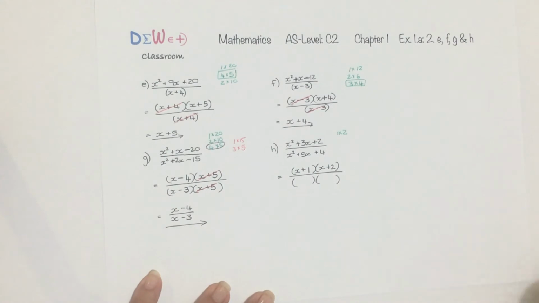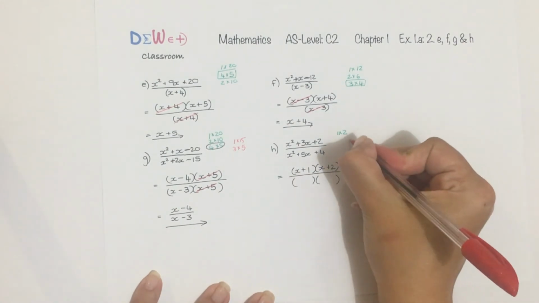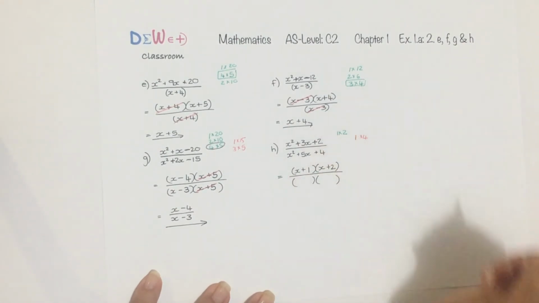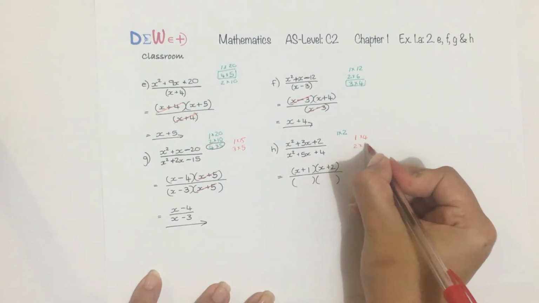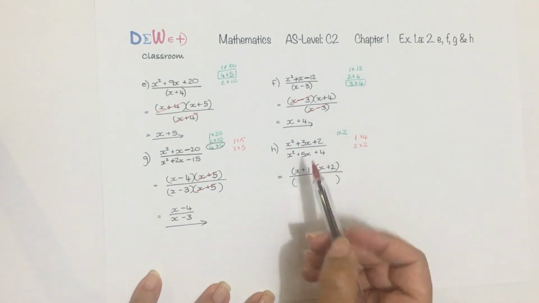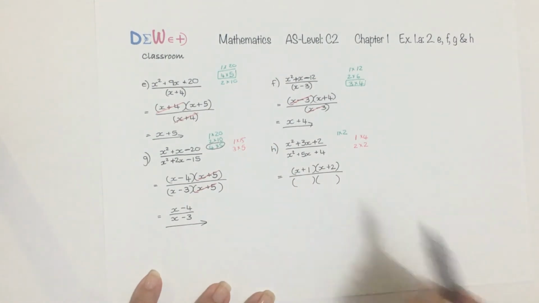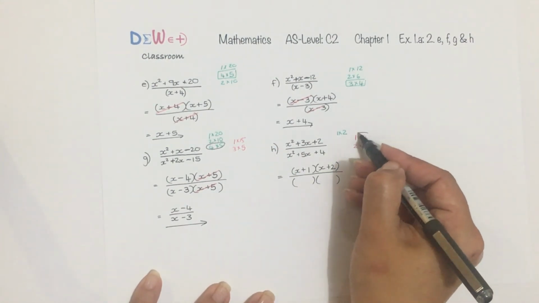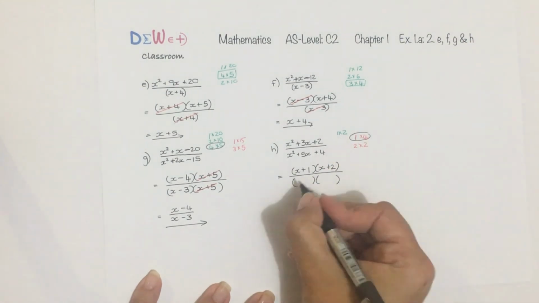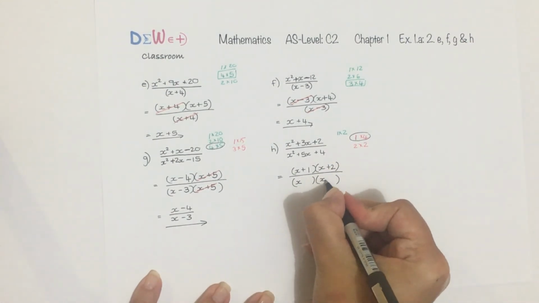Then we look towards the denominator. We've got a 4 in the denominator, and our factors of 4 are 1 times 4 or 2 times 2. Right, we have to add them together to give us the middle term, which is a 5x, and that's the only one that's going to work. So we're going to have an x in each bracket.